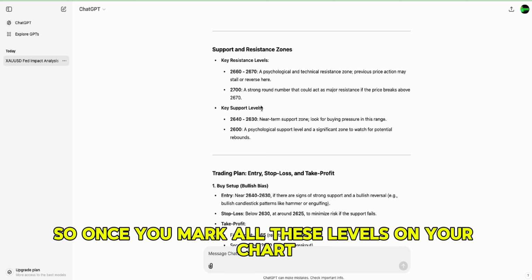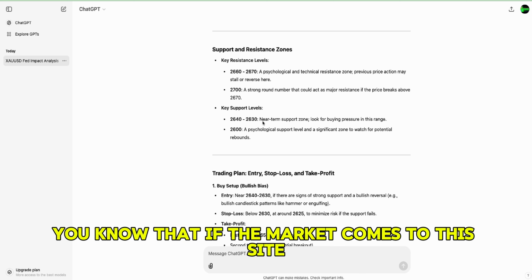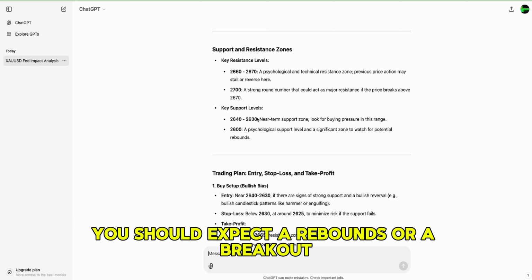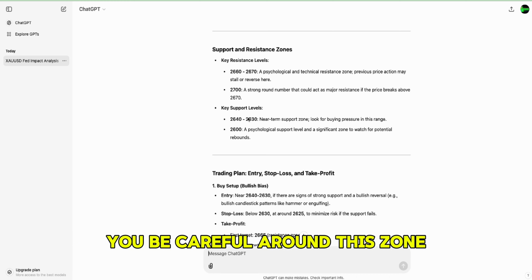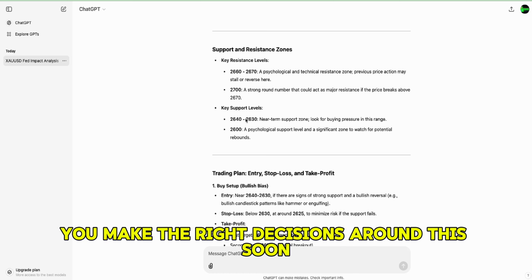Once you mark all these levels on your chart, you know that if the market comes to this side, you should expect a rebound or a breakout. So you will be careful around these zones and make the right decisions around them.